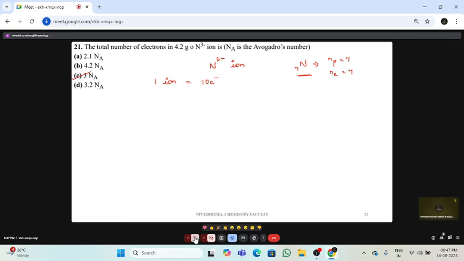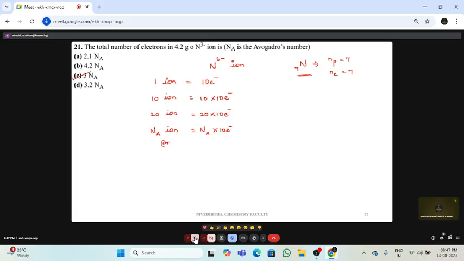One ion contains 10 electrons, which means 10 ions contain how many electrons? 10 into 10 electrons, right? So 20 ions contain how many electrons? 20 into 10 electrons, right, Kana? So similarly, Avogadro number of ions contain how many electrons? Avogadro number into 10 electrons. You're getting my point?